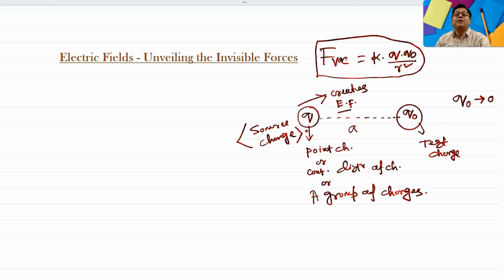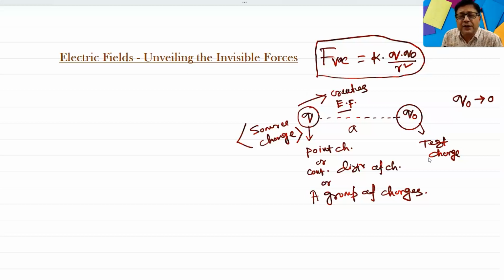So electric field will exist up to a long distance, but the field will be experienced over a limited region only. Okay. So by definition, electric field is the region of space in the surrounding of this point charge where its influence is felt by the test charge. This is electric field. So hope all of you have understood what is electric field.